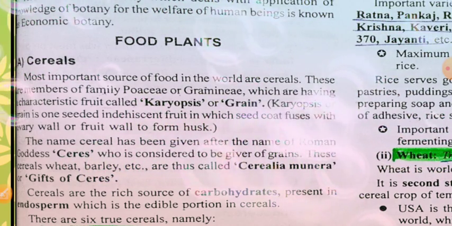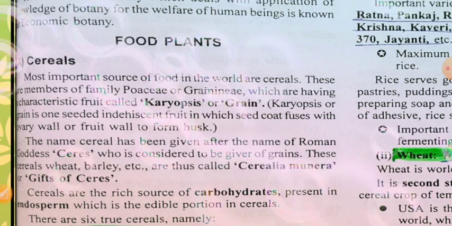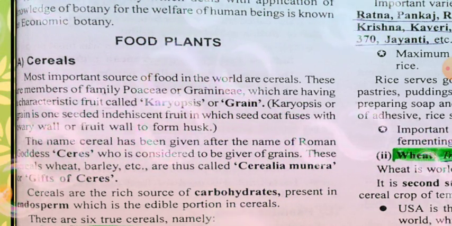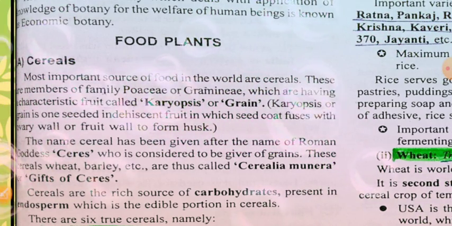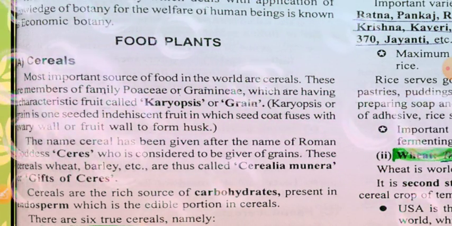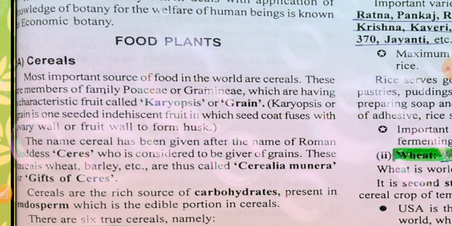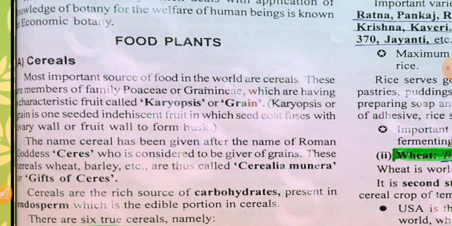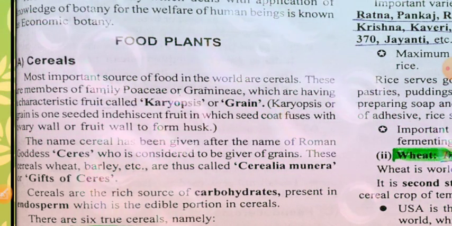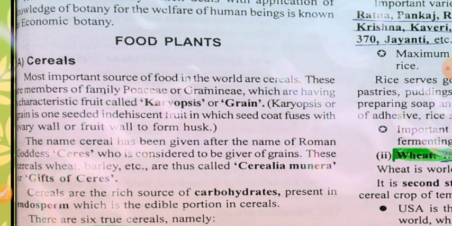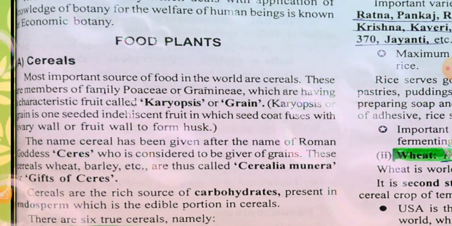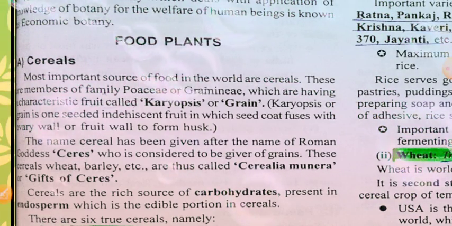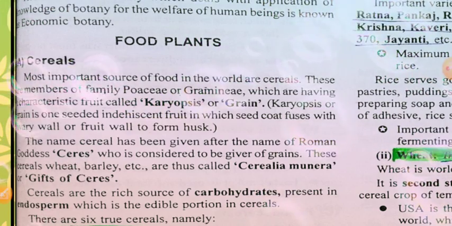The caryopsis or grain is a one-seeded indehiscent fruit in which the seed coat fuses with the ovary wall or fruit wall to form the husk. The name cereals is derived from the name of the Roman goddess Ceres, who is considered to be the giver of the grains, and according to her name, these are known as cereals.